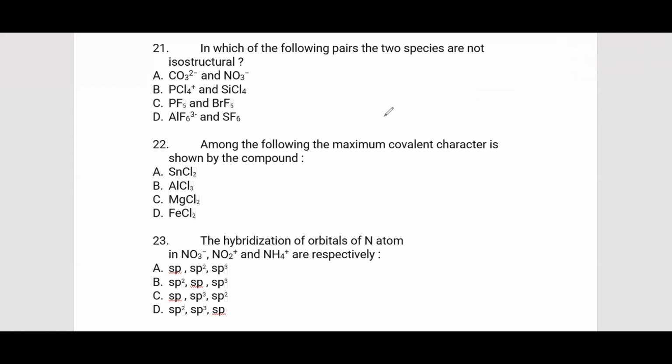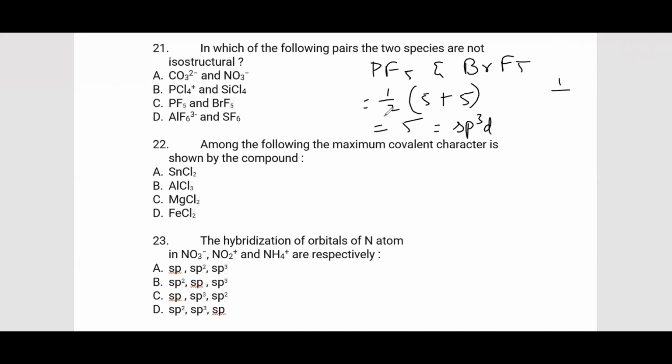Let us check another option, PF5 and BrF5. So what is it for phosphorus? Again, half into number of valence electrons 5 plus number of monovalent atoms 5. It is 5, and hybridization is sp3d. Coming to BrF5, number of valence electrons are 7 and number of monovalent atoms are 5.